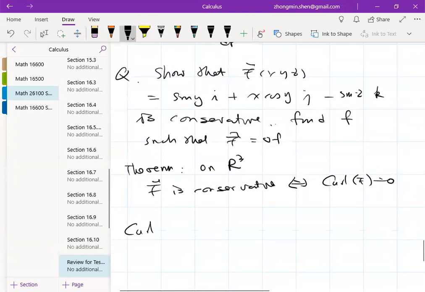So the curl of the vector field, if it's 0, only guarantees that you should find the little f. Because you know by the theorem, it's going to be 0. So this is going to be i, j, k, partial derivatives. I only memorize this format.